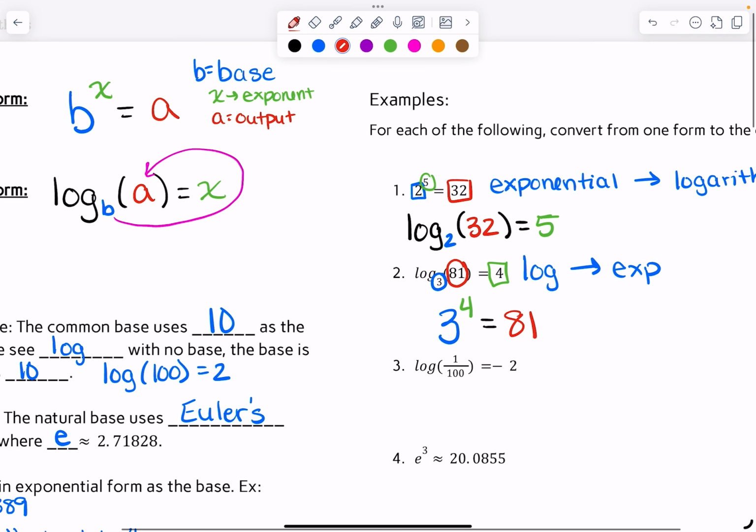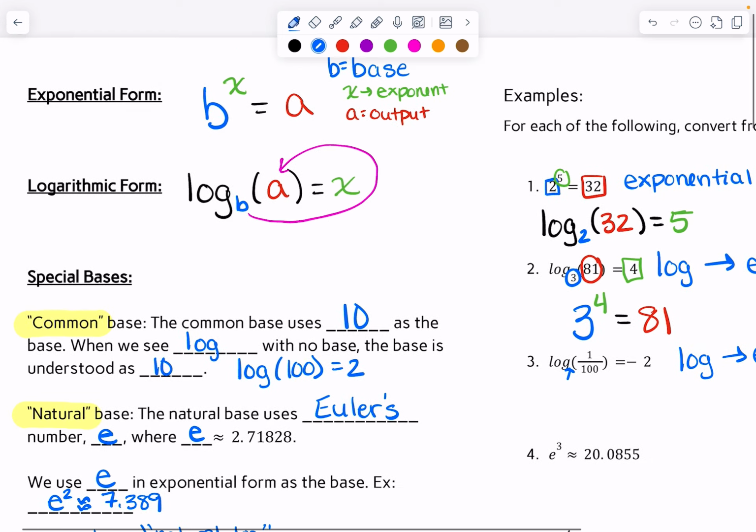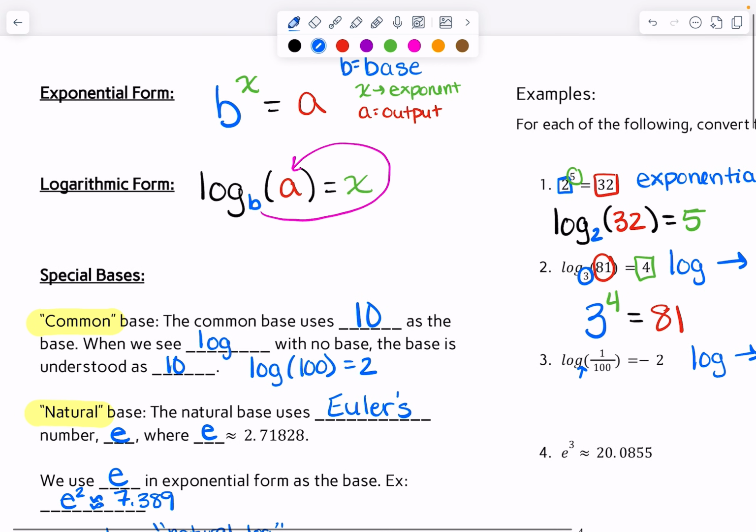Number 3 here is also starting in logarithmic form and is going to exponential form. And you might be saying, but wait, there's a fraction. That's okay. We can get fractions when we have exponents sometimes. Okay, so we're going from logarithmic to exponential, so I need to start with my base. Notice here, there is no base, but this is a log, so I know, based on what we said over here, this is going to be my common base.